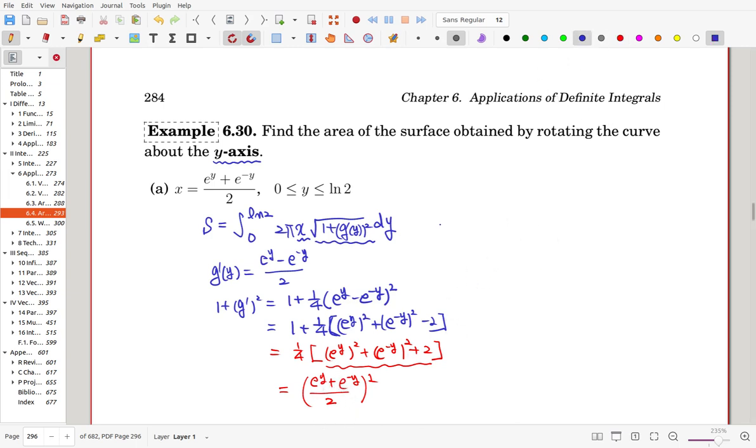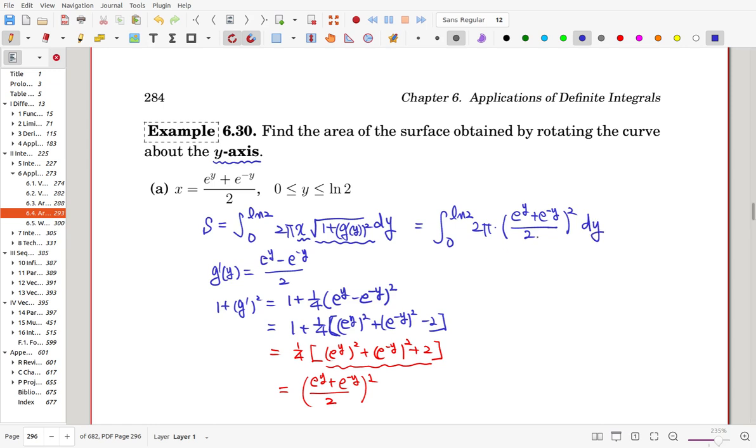So we apply the square root, then here we have that term. Okay, so this integration is the same as the integral from 0 to logarithm 2 of 2 pi times x, which is e to the y plus e to the minus y over 2. Now that's x, and the square root of that one is the same as again this one, so that here we have that squared and dy, right?